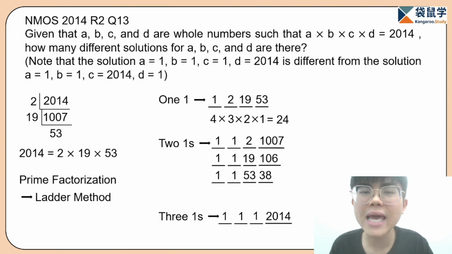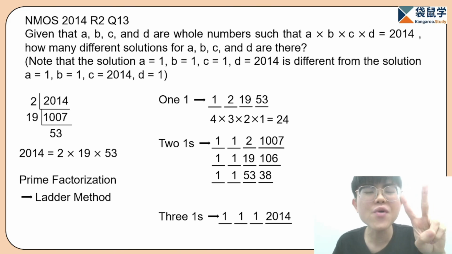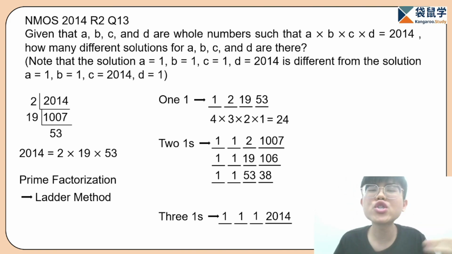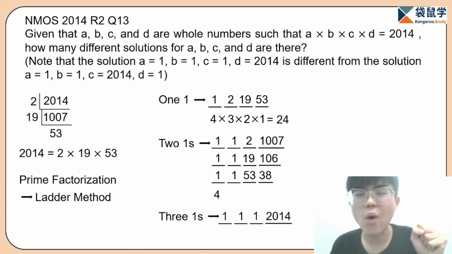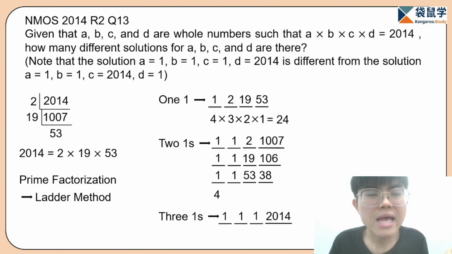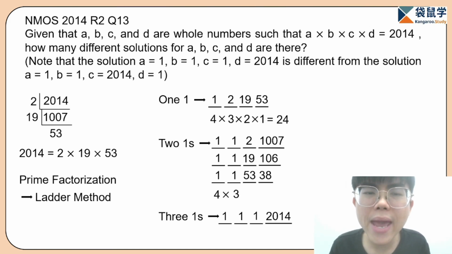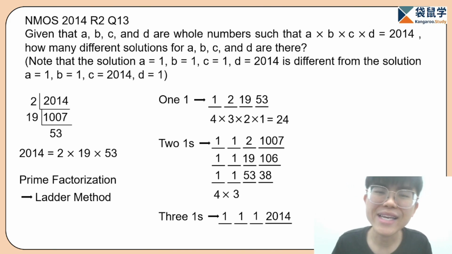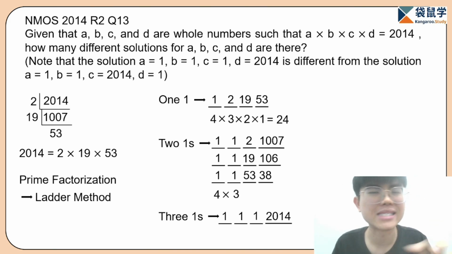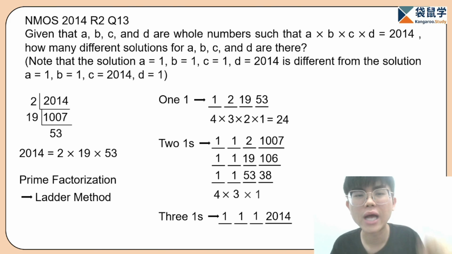Now let's look at our second situation. In this case, we have 2 of the same number 1. So we should consider the numbers that are not 1 first. 19 can have 4 choices here. Let's say 19 takes one of the letters, which is A. After that, 106 will have 3 choices left. Let's say 106 takes the letter B. But now, since the remaining two numbers are both 1, whether they take C or D doesn't affect the order, so there is only one choice.